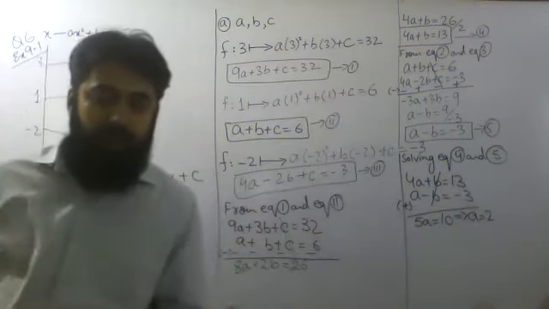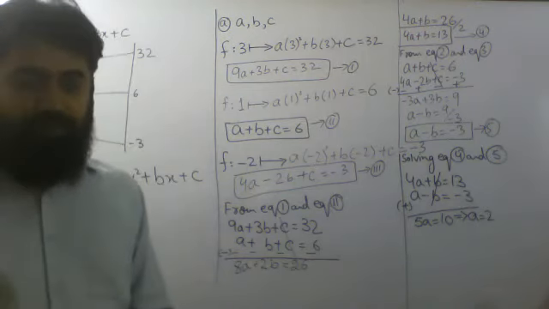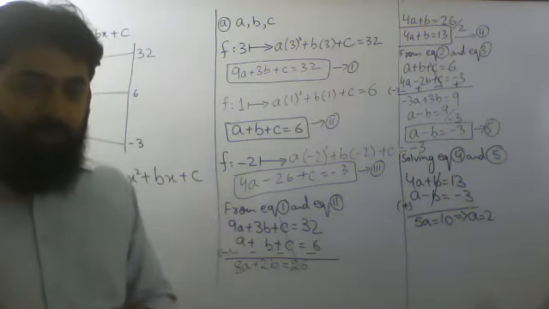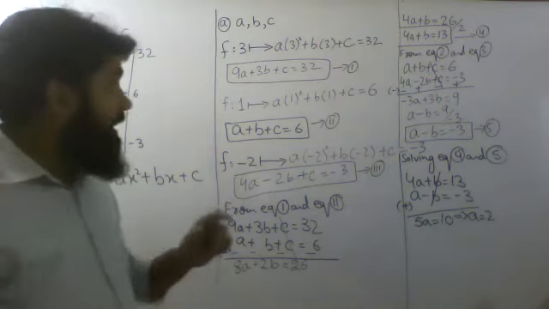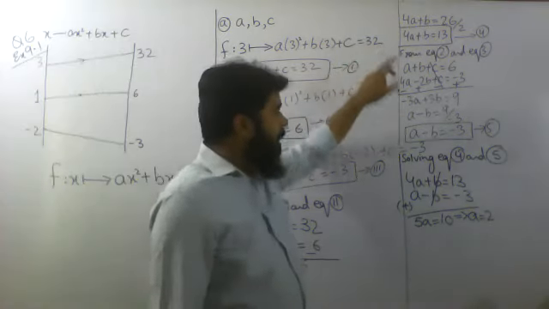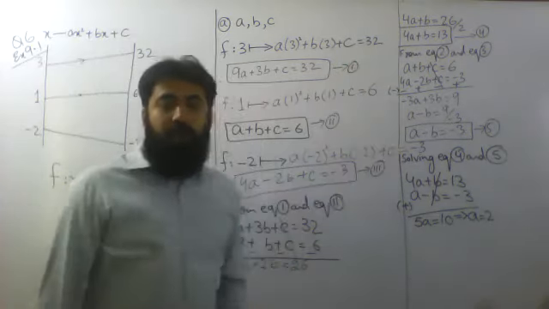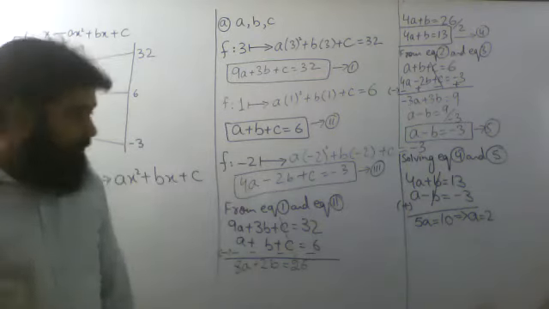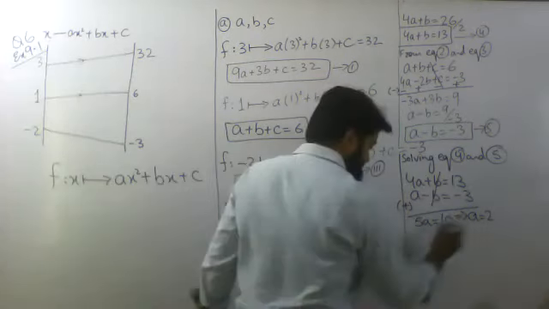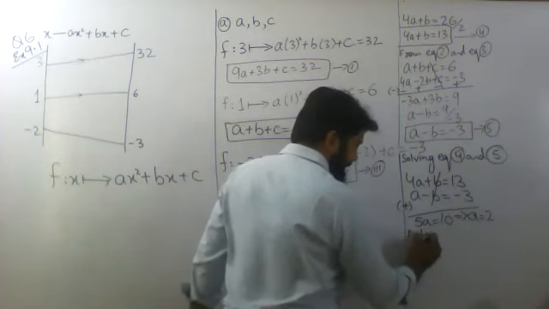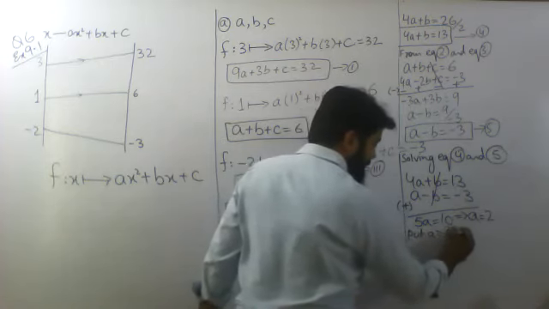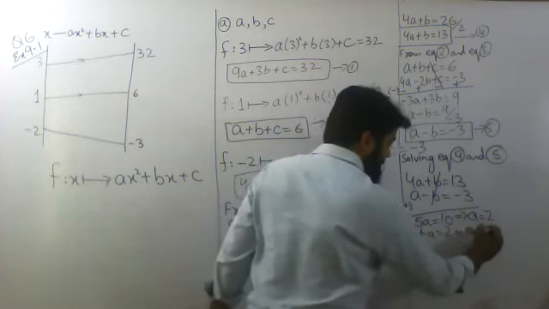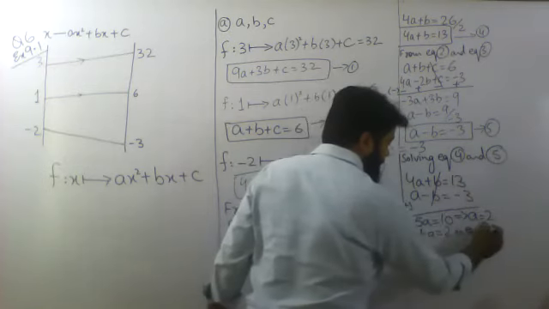Now it's your choice where you want to put this value: either in equation number 1, in equation number 4 or in equation number 5. In order to get the value of B, I am putting A equals 2 in equation number 5, over here.